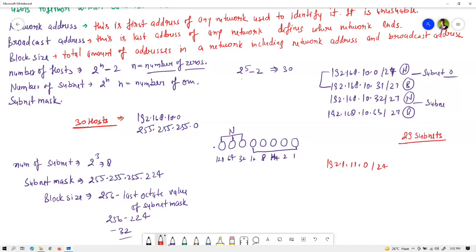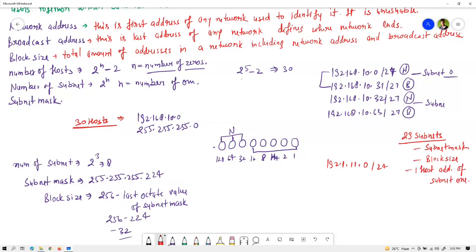You need to create 29 subnets of this network address, tell me the subnet mask, the block size, and then the first host address of subnet 1. These types of questions will be there in subnetting. They will ask, we require 29 subnets from this. Tell me the subnet mask, block size, first host address of subnet 1, network address, these things.